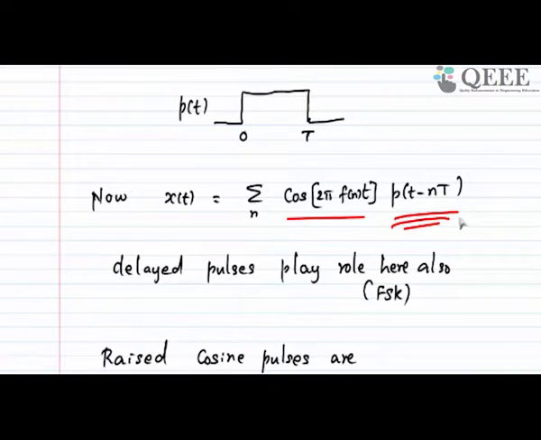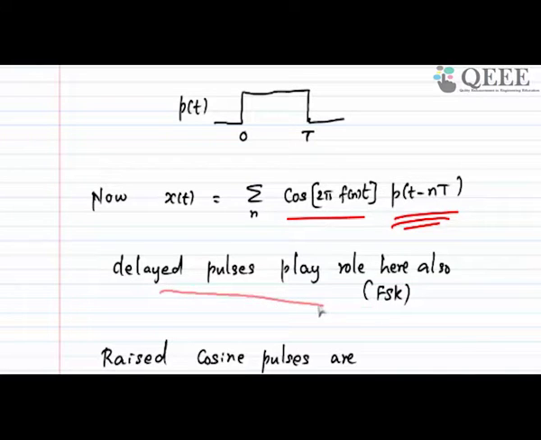The multiplication with delayed pulses is happening here also. Okay, so that linear modulation expression we have has some nice connections here, except that now instead of multiplying the delayed pulses with complex symbols, we are multiplying with cosine waveforms. The cosine waveform's frequency depends on the corresponding bit value, the corresponding bits you map to get that symbol, right?